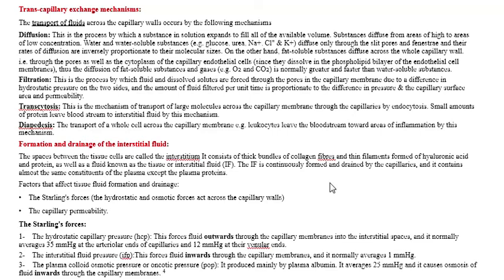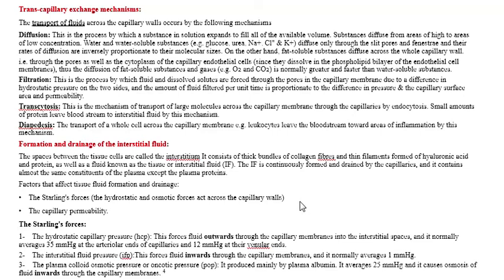The factors that affect tissue fluid formation and drainage are called the Starling forces. In addition to these forces, the capillary permeability is also a factor that affects tissue fluid formation.